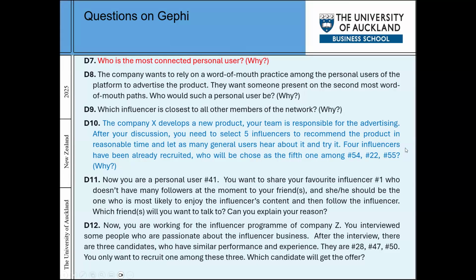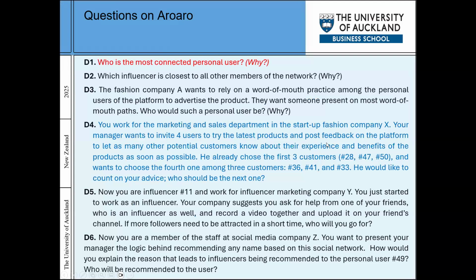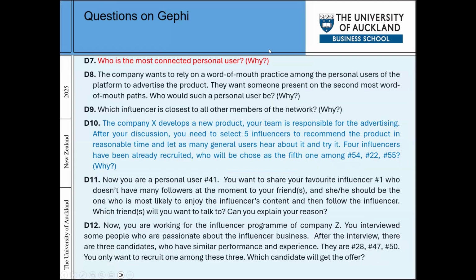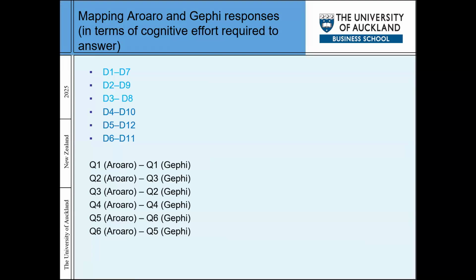And as you see, these are not the same questions, but they are of similar cognitive effort. The first 3 questions on each platform are in the category of low cognitive effort, and the last 3 are of relatively high cognitive effort.